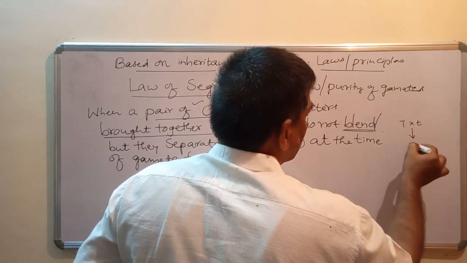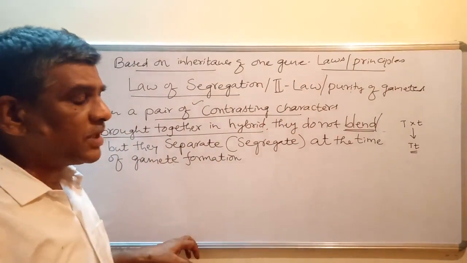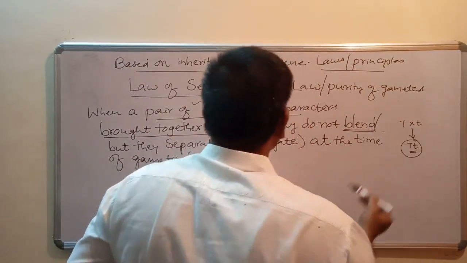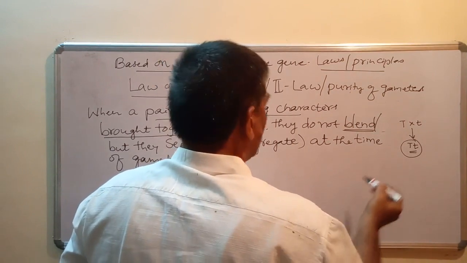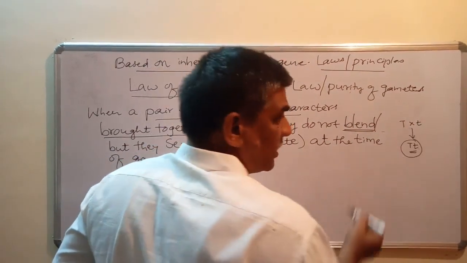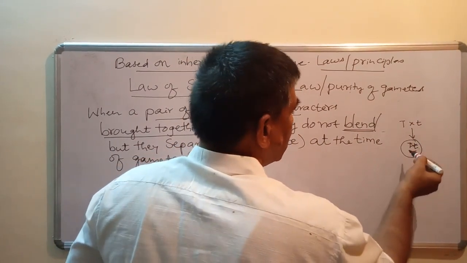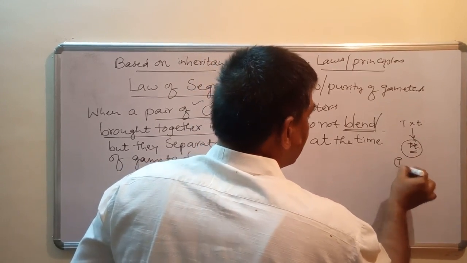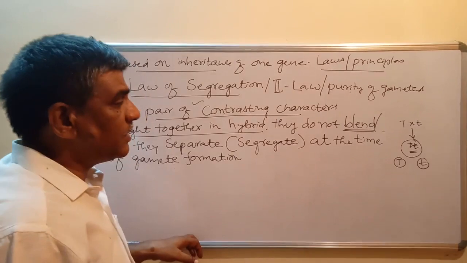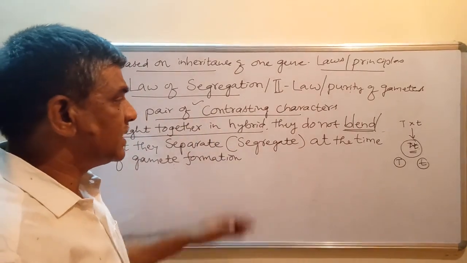These two are brought together in a hybrid. They do not mix or blend, but they definitely get separated at the time of gamete formation. This is what we call the law of segregation.